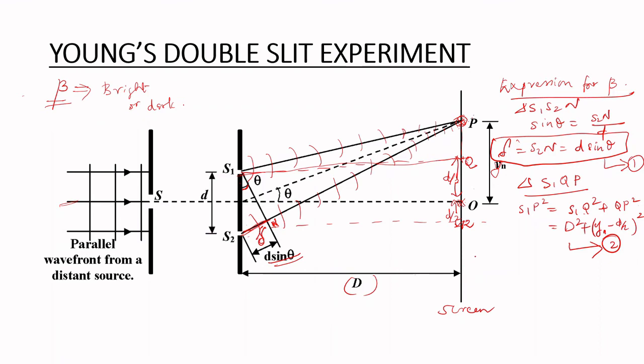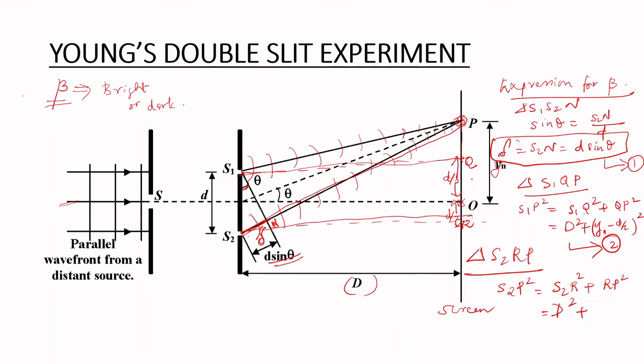Similarly, in triangle S2RP, we take S2P square is equal to S2R square plus RP square. Again, S2R is this distance which is D. So capital D square plus RP, from here to here, so it is yn plus d by 2, the whole square.